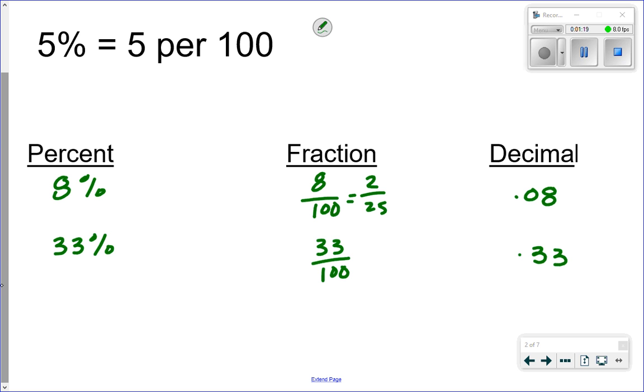And then last, if I give you the decimal, let's say 0.65, then I need to go from a decimal to a fraction to a percent. Well, that would be 65%. And then I would write that as 65 over 100. And then that would reduce. Those are both divisible by 5, so it would be 13 over 20.